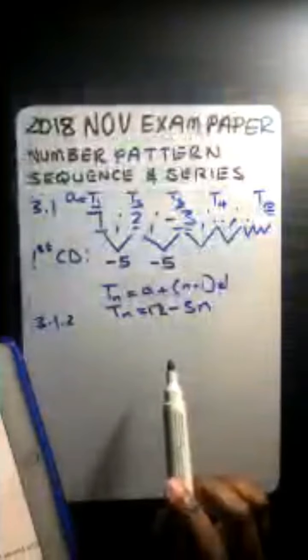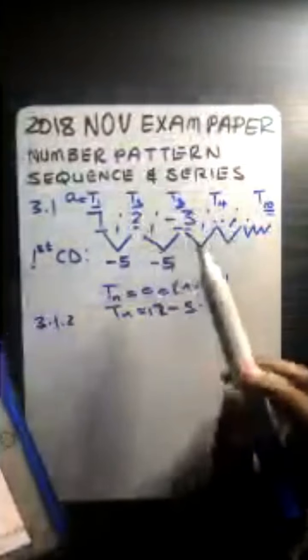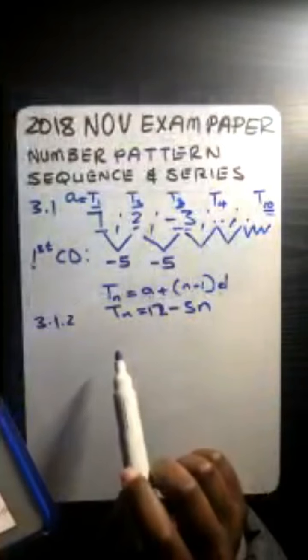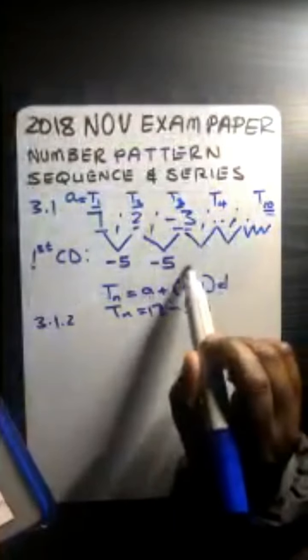But if the question says which term, they actually want to know which term, which means it could be term 1, term 2, term 3, or whatever the term is. That's when they want to calculate n.